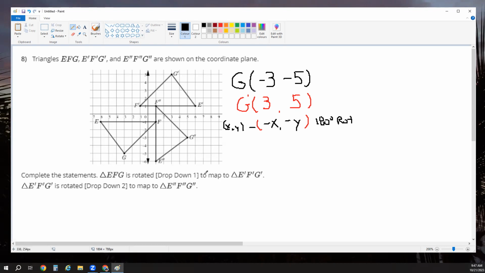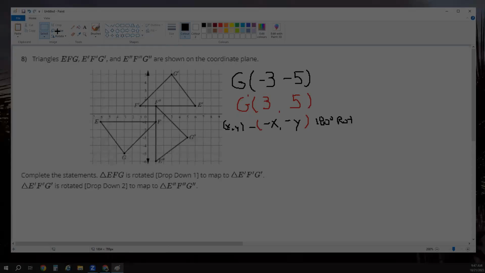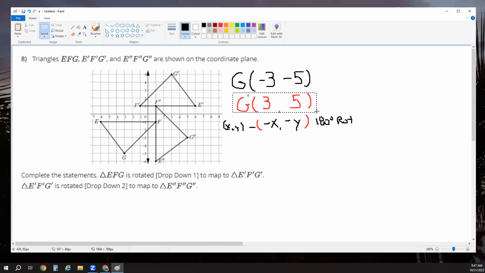My first one. And then I'll go 3, 5. And we'll go to my G double prime. G double prime is 5, -3.